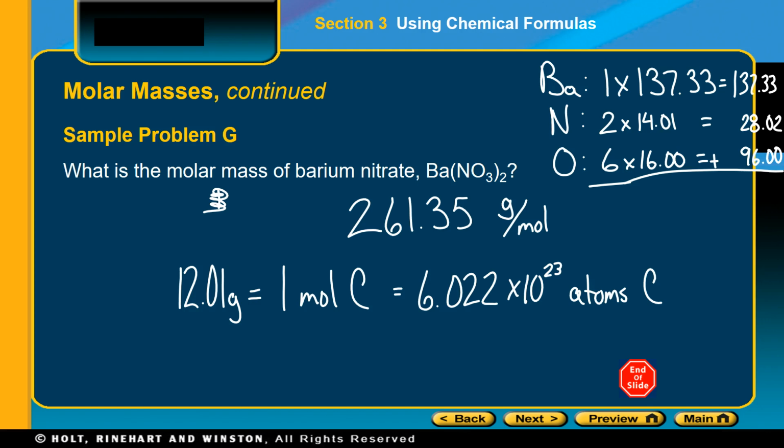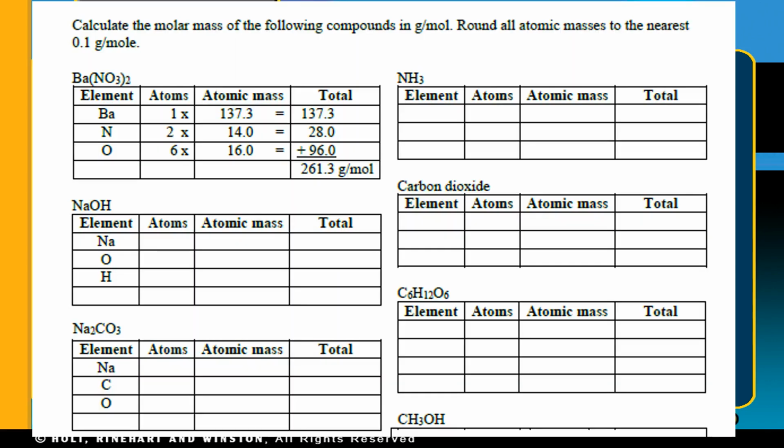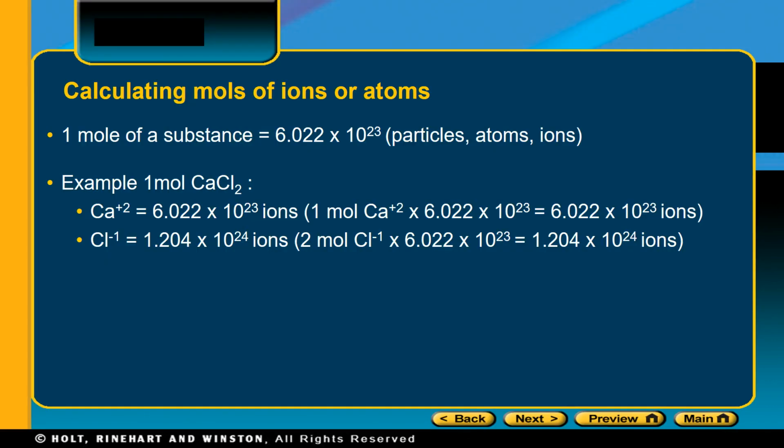Do you just know that, or is there some way we can get that? So that is something called Avogadro's number. That is a number that we kind of have to memorize, but it's also in our packet. So 1 mole of any element is always 6.022 times 10 to the 23rd atoms. All right. And so the next slide that I'm going to pull up talks about this.